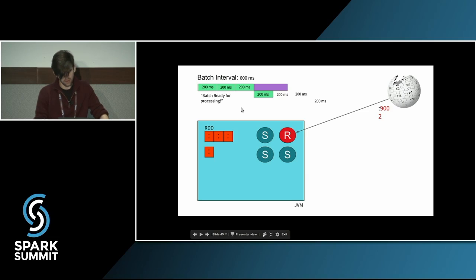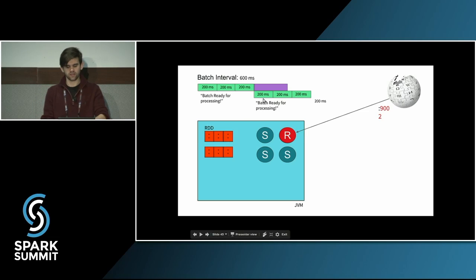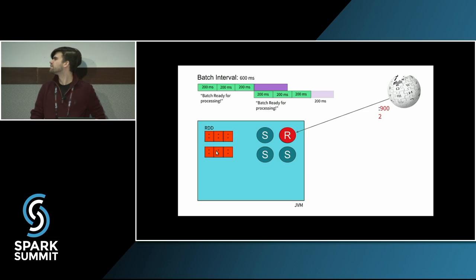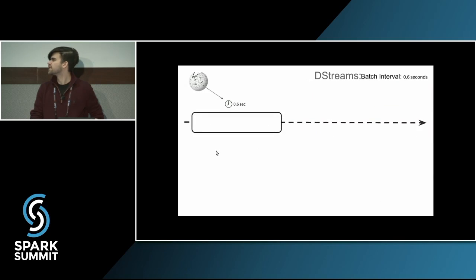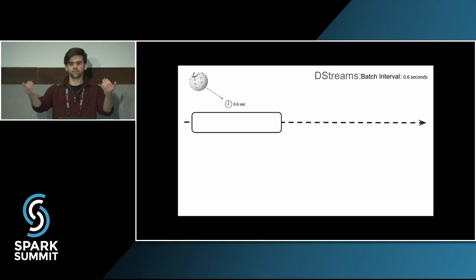to process. On the data ingestion front, the same thing keeps happening, right? So there's now another 600 milliseconds of data that comes in that materializes into the second RDD, and so on and so forth. So we have that streaming ingestion happening.